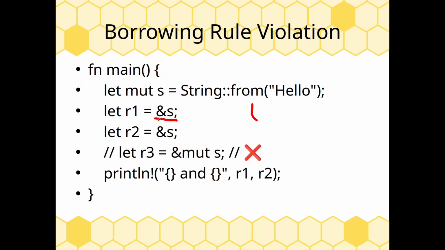And if you are giving immutable borrowing, then you can give it to multiple values, and none of them can change the value. So multiple immutable references can be given, and you can see the let r3 with ampersand mut s cannot run. It will come up with an error if you try to execute this line.